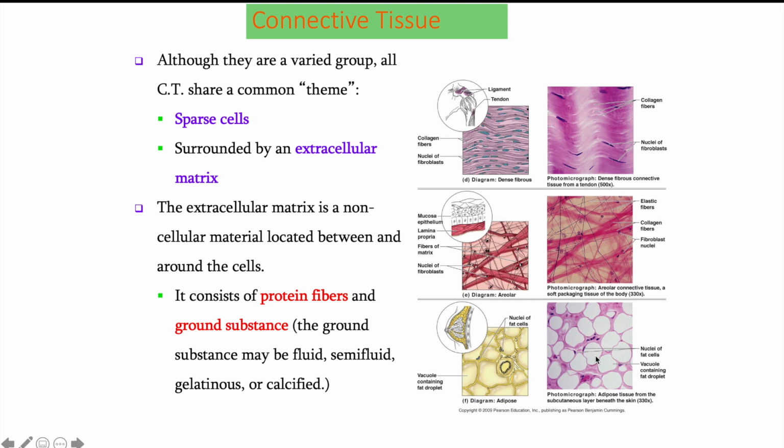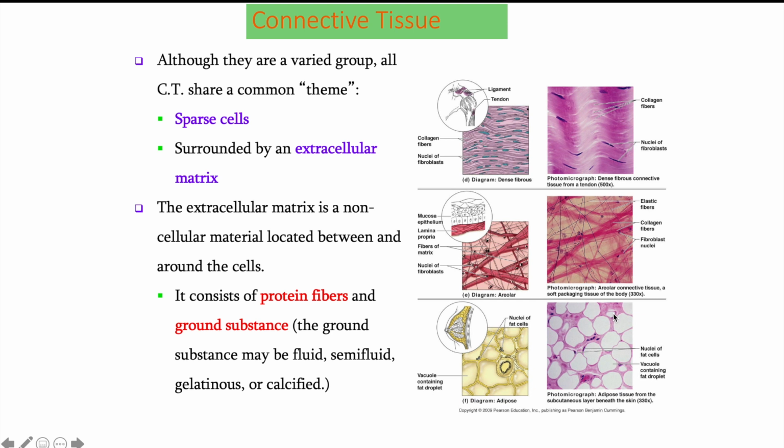Another example is adipose connective tissue, which is right here. And so these are adipocytes. And adipocytes are basically fat storage cells. Now you can see that there is this extracellular matrix in between them. Some of the cells do get close together, but you still have these gaps of space.